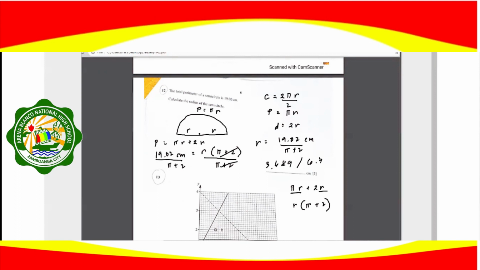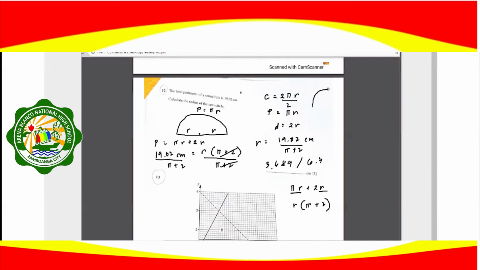So what if, Jesselyn, the given is a quarter circle? What will be your solution? 2 pi r over 4, which is pi r over 2. Okay, pi r all over 2. And then plus, because it will look like this, right?